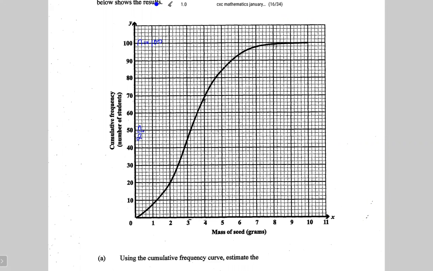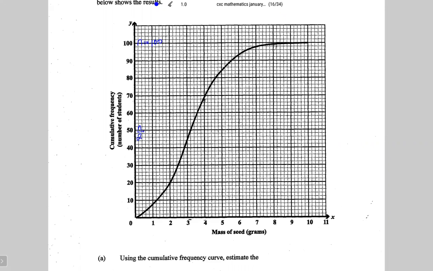So this curve is showing the mass that was given by the 100 students. Every point on this curve represents a student and the mass that he estimated the seed to be.